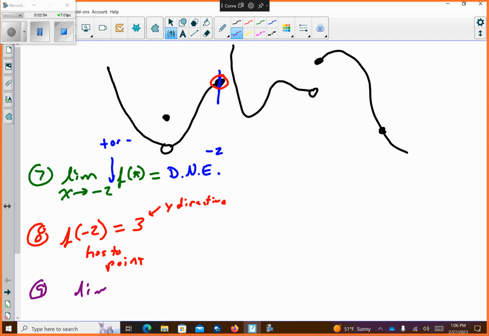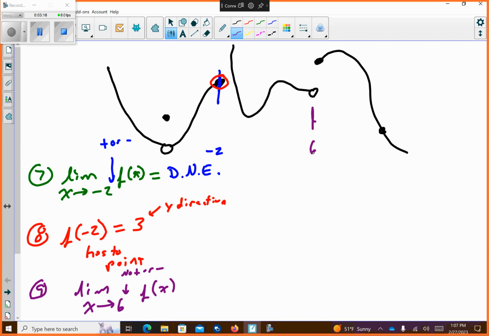Limit as x approaches 6 of f of x. Again, there is no positive or negative there. So we're coming from both sides. So at 6, this is where 6 exists. Okay? So I'm coming up to that purple.